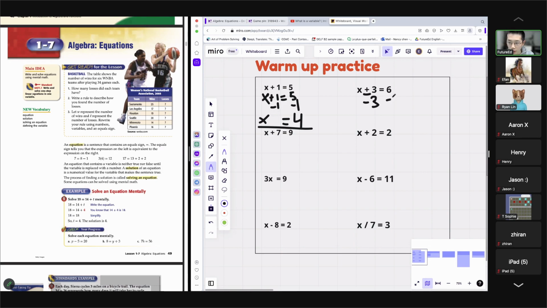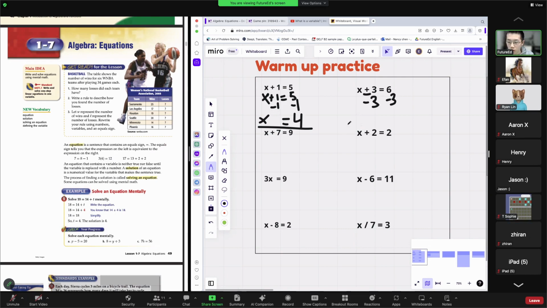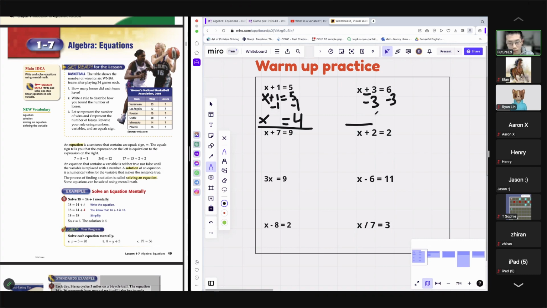And what do I get on the left side, Jason? Oh, 0. Okay, we have a 0 here again. And then what about the right side? 3. So I asked the same question to Henry.